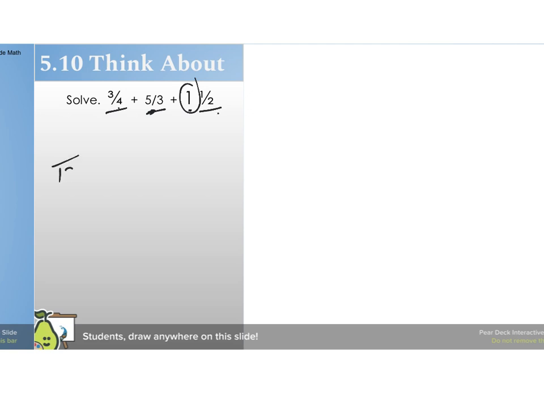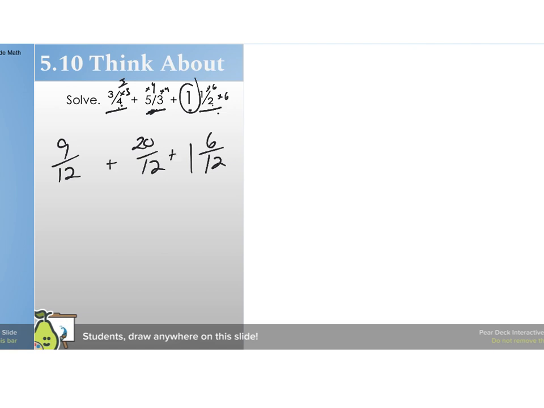They all need a common denominator of 12. So for the 3/4, you're going to have to multiply by 3 over 3, so it's 9 12ths. For thirds, we have to multiply by 4, so 5 times 4 is 20 12ths. And for the half, we're going to have to multiply by 6, so that is 6 12ths.